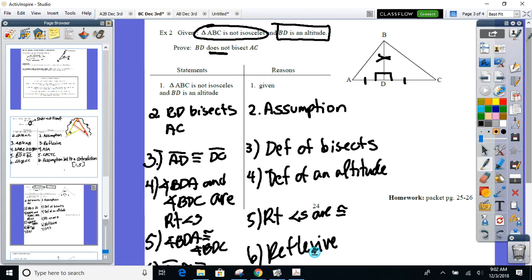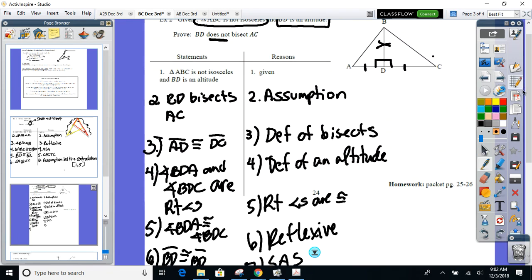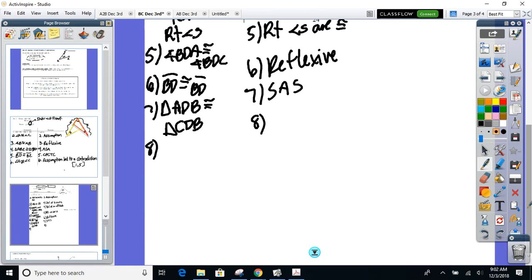Okay, I could go one of two ways right now. I could say BA congruent to BC, or anybody have a different one now? Angle A congruent to angle C. Either one is going to make the triangle isosceles and be true by CPCTC. So I'll go AB congruent to BC. You haven't had a contradiction yet.